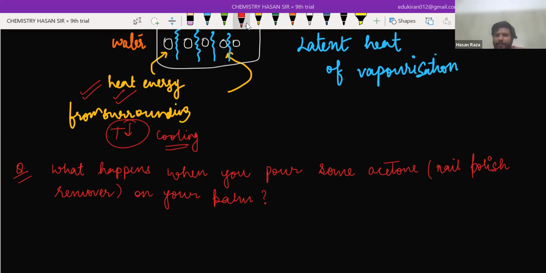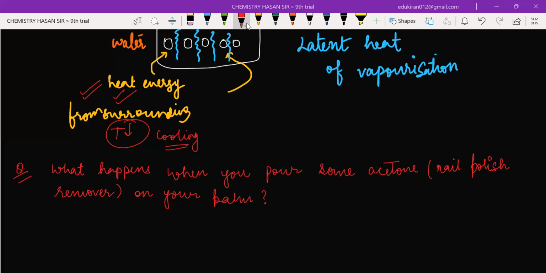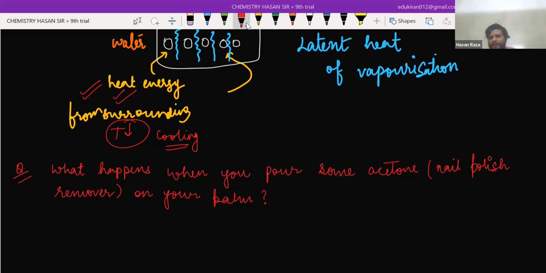When you pour the acetone on your palm, it becomes cool because the acetone evaporates very quickly. So it will absorb the heat and give you cooling instead. Yes, exactly.